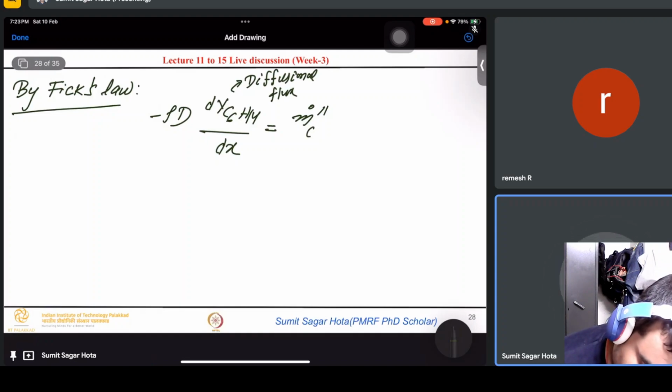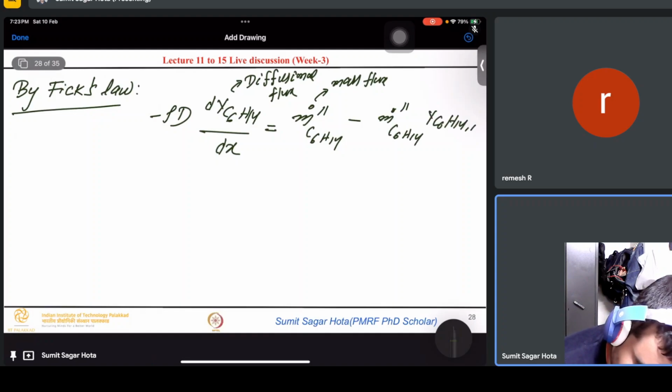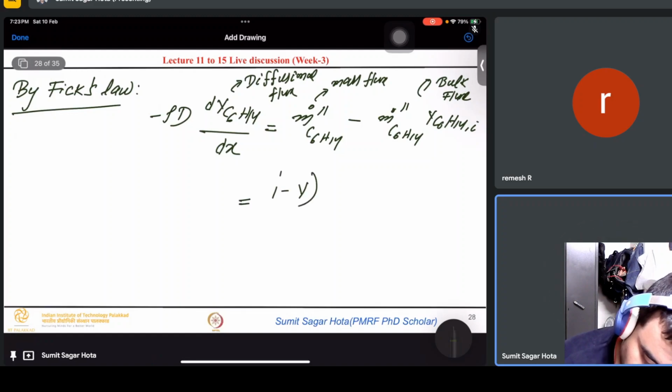So the diffusional flux is the mass flux minus the bulk flux, equal to 1 minus Y of C6H14 at the interface times the mass flux.